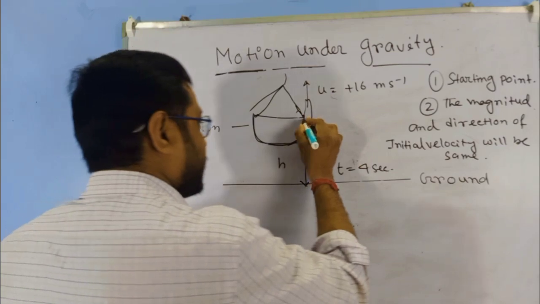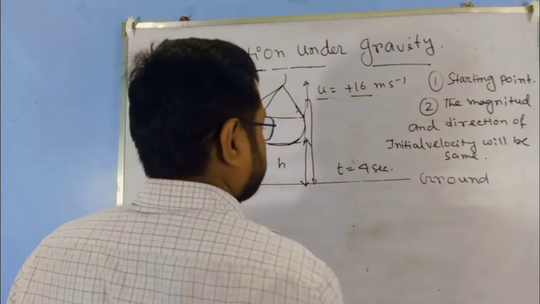So at the starting point, the velocity u is plus 16.